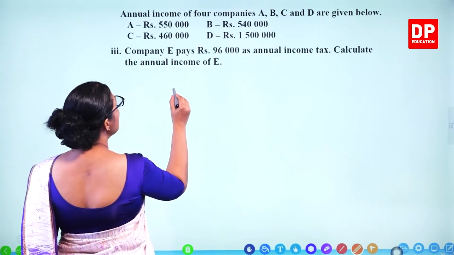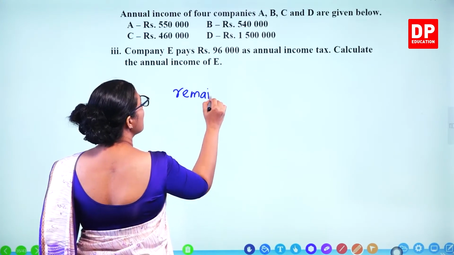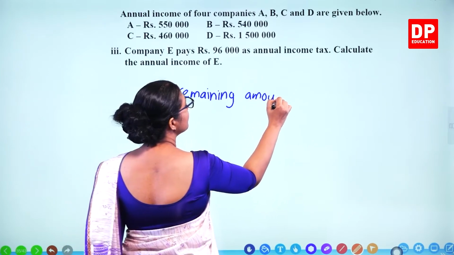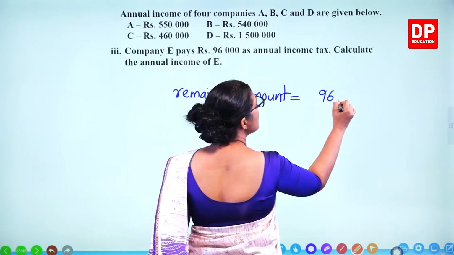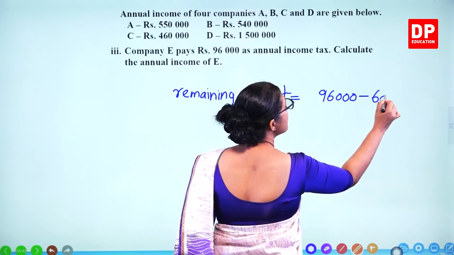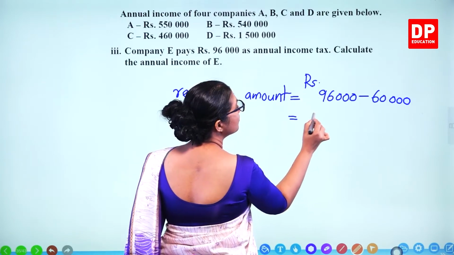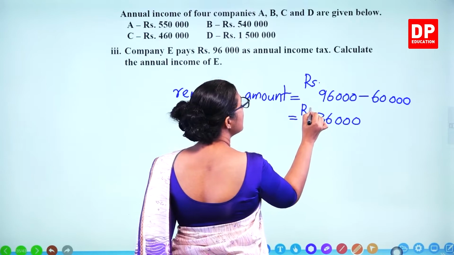So the remaining amount, 96,000 minus 60,000 rupees, 36,000 you get for the third part.